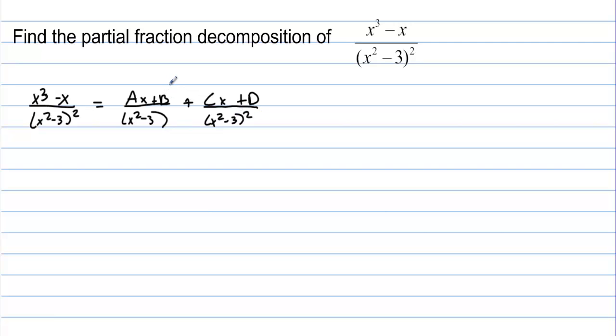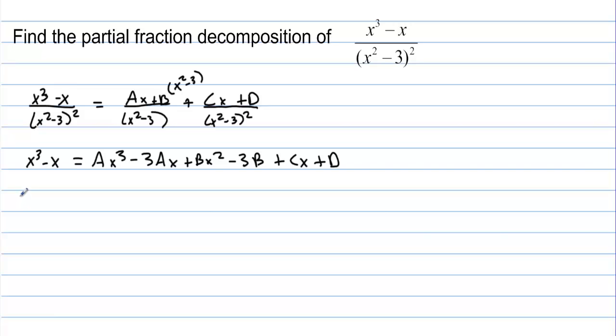Well, this denominator just needs 1 x squared minus 3. And so we have x to the third minus x is equal to ax to the third minus 3ax plus bx squared, and then minus 3b. Then we have plus cx plus d.